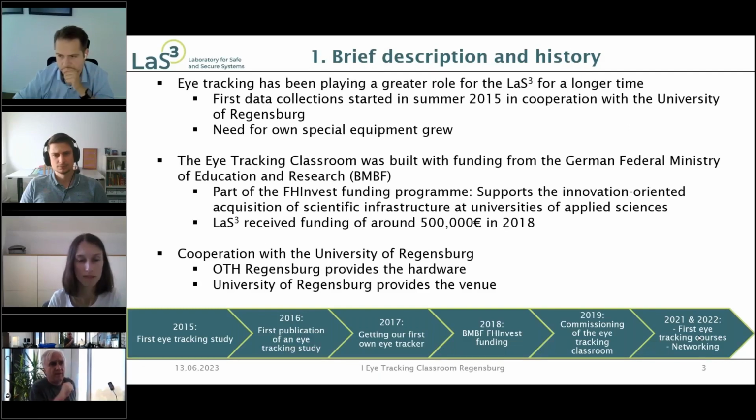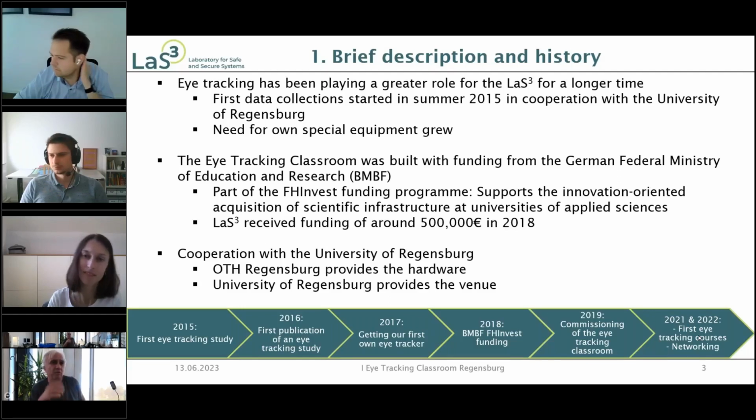How many participants do we have? How many students would join an eye tracking study, and so on. Therefore, it's a good idea to make networking, to connect with other research groups in the same domain you research, to make replication studies, to enlarge the number of participants and to get better statistics.